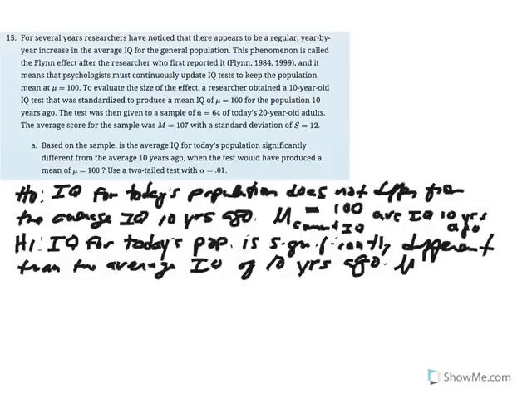And the notation would be that mu, again, the current IQ does not equal 100.